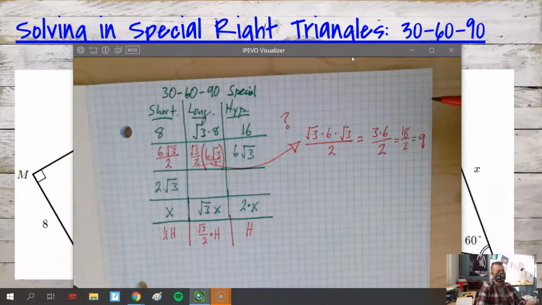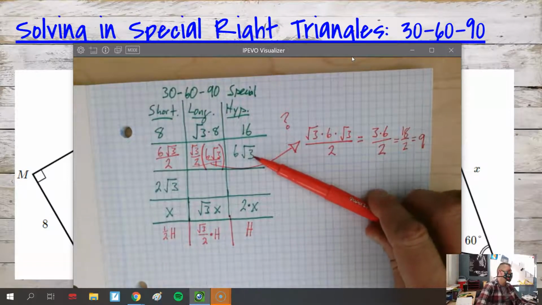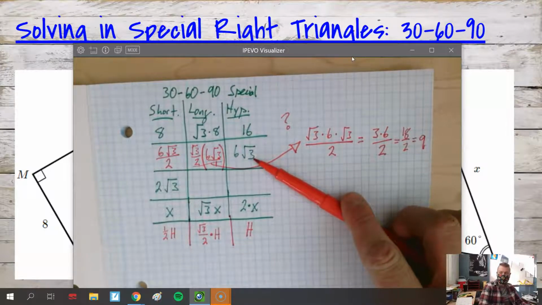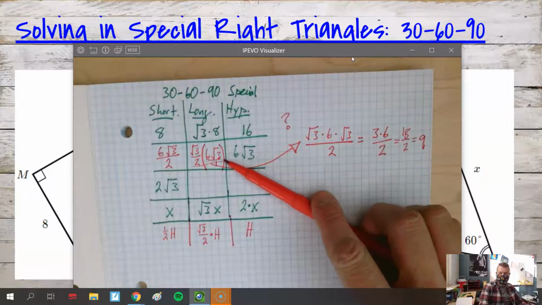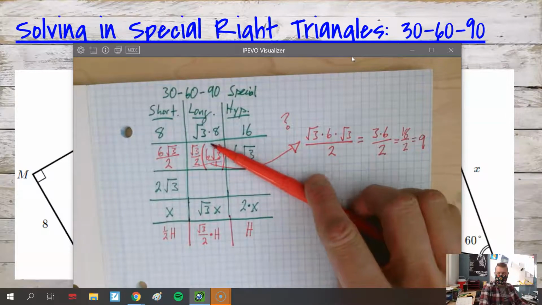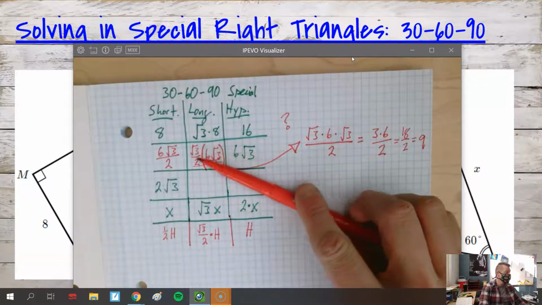So wait. If our hypotenuse has radical 3 in it, the long leg ends up canceling out the radical 3. Right?